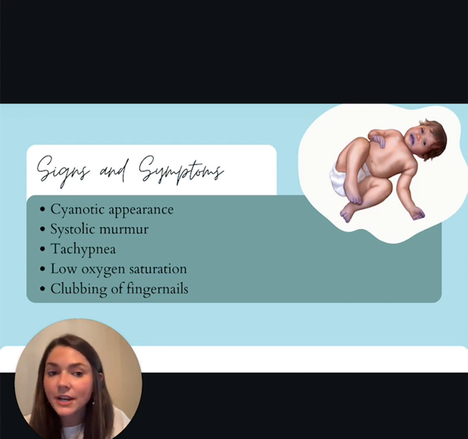This deoxygenated blood in the body causes a decrease in the arterial oxygen saturation, leading infants to appear how? Blue. So this cyanotic color happens because that deoxygenated blood has entered their bloodstream, giving that baby's skin and lips that cyanotic color, just like this infant here in this picture.